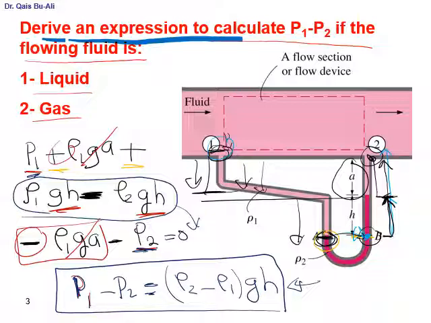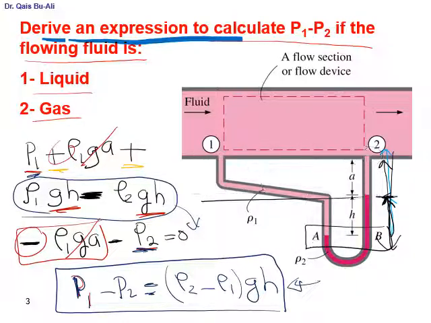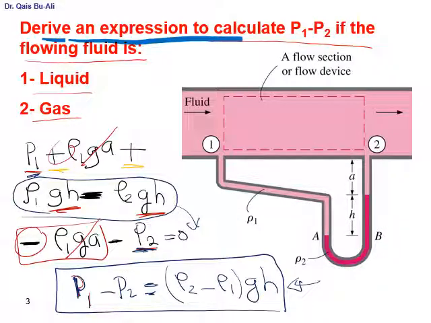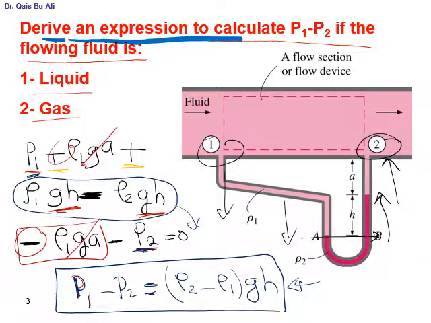So either you start, as I discussed before, by saying I have 2 points with the same pressure, and you go from here to there and from here to there, or you can start from 1 point, go down, then jump, then go up till you reach the second point.